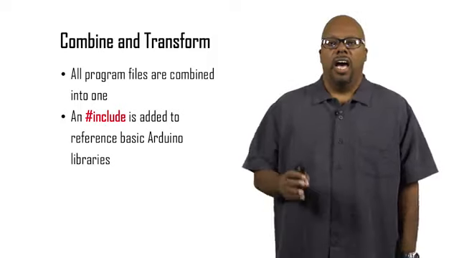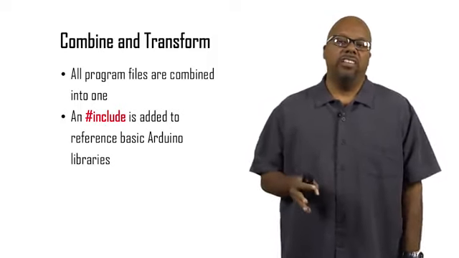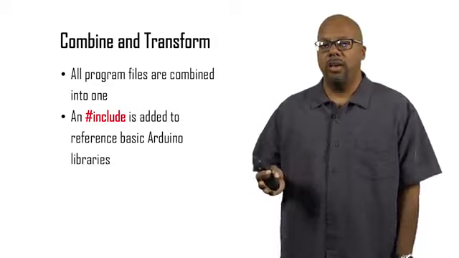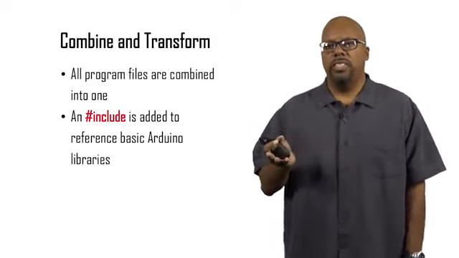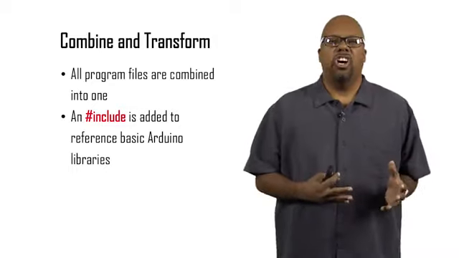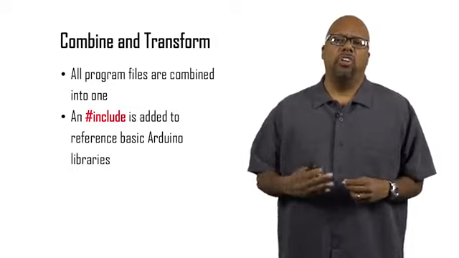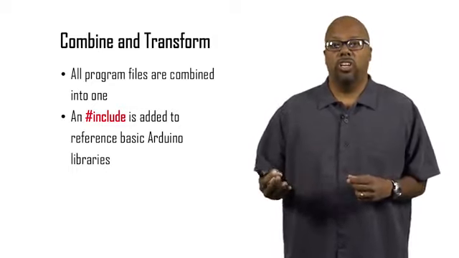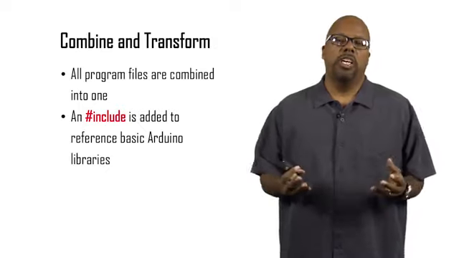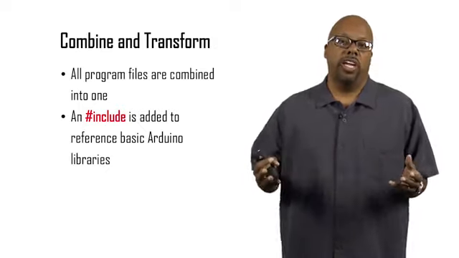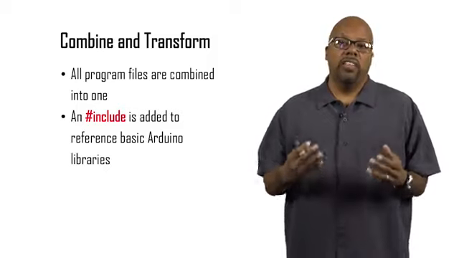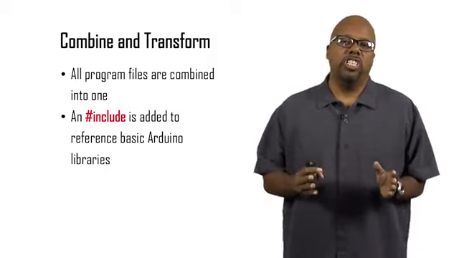Now, a hash include is added to reference the Arduino libraries. Remember that in addition to the code that you write, the user code, there are all these Arduino libraries that we're referencing inside our code. Some of the commands that we use, like digital write and digital read, are actually functions that are in a library.